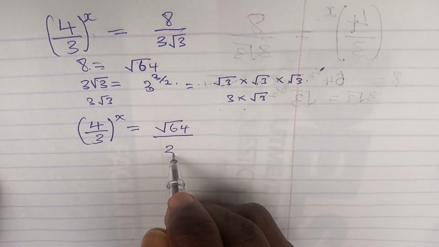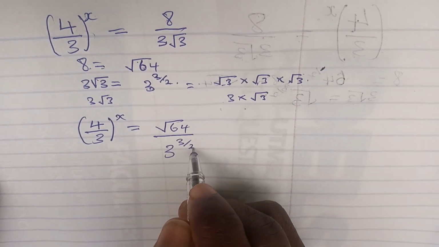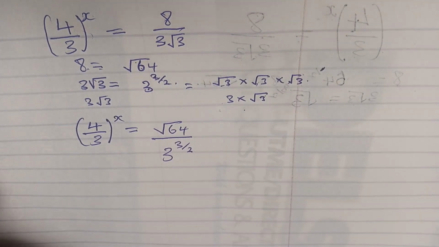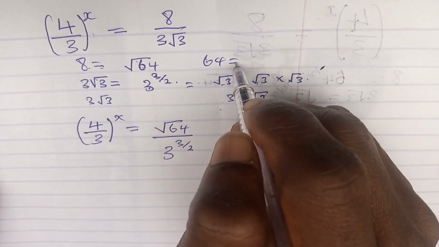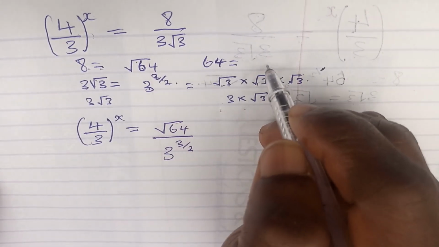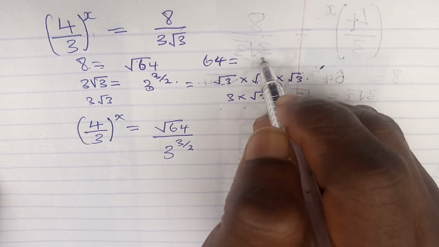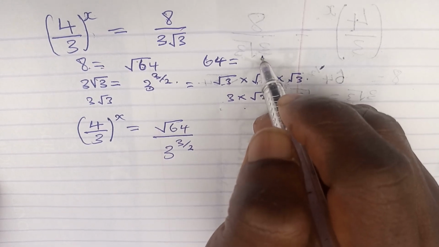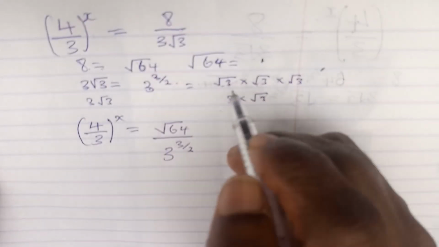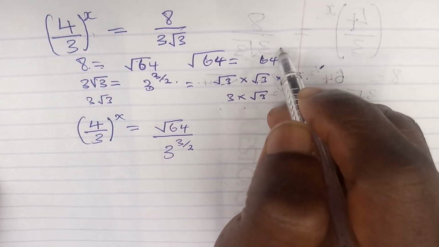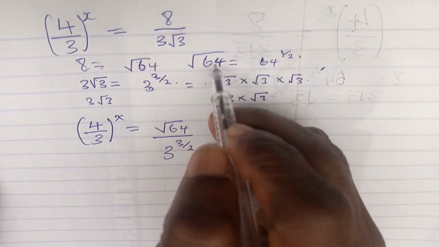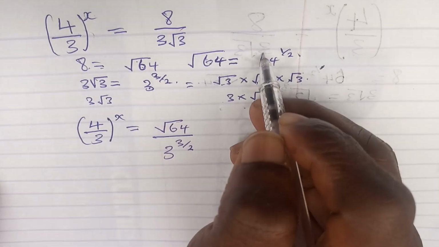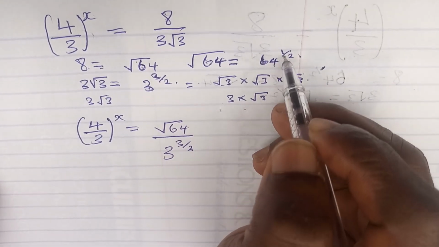And recall, root 64 is equal to 64 to the power of 1 over 2.